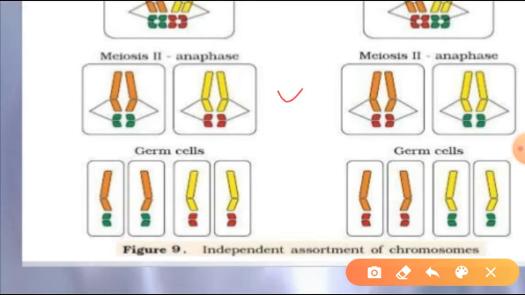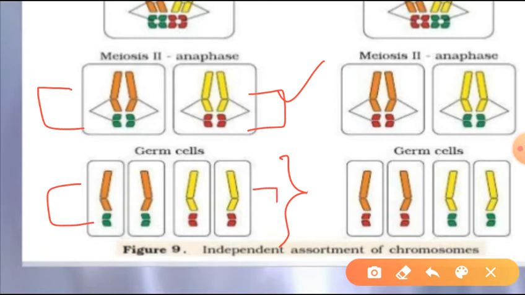So in two daughter cells, the two homologous chromosomes are separated. When these cells divide, it will form four cells, and one pair of each homologous chromosome again gets segregated, and the combination arises as orange, green, yellow and red. So there are basically two types of gamete.